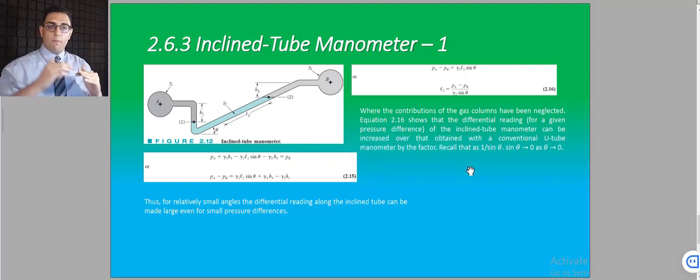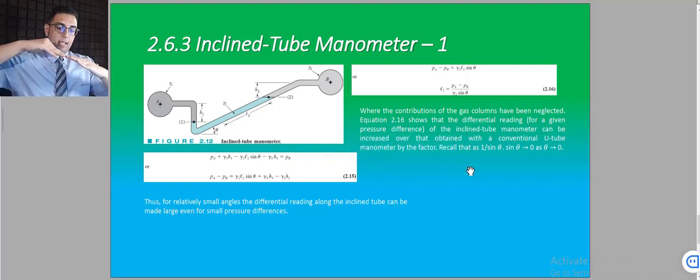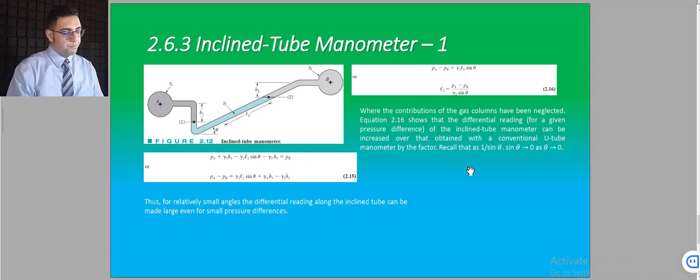And by the way, if we have an inclination like this, the fluid might sometimes come down much more smoothly. This is the main reason why we are using such a U-tube manometer as an inclined U-tube manometer.